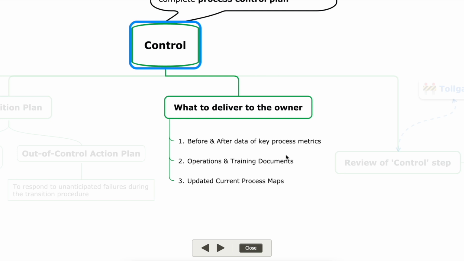All of these must be included in the document provided to the owner.